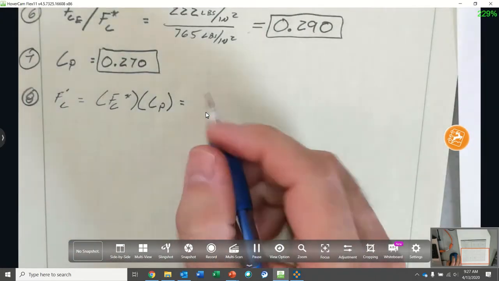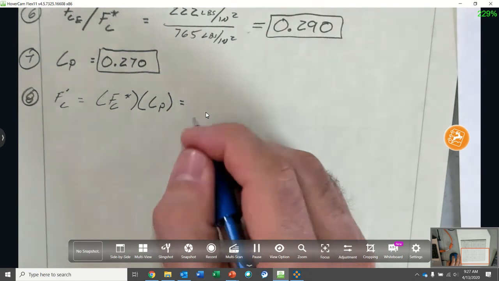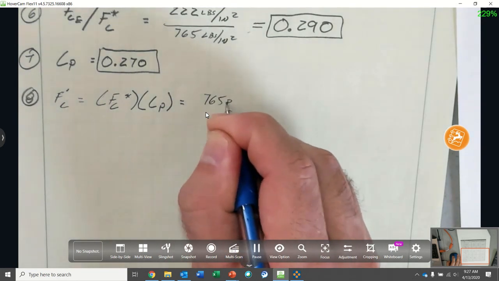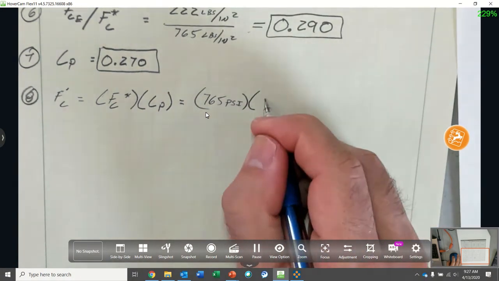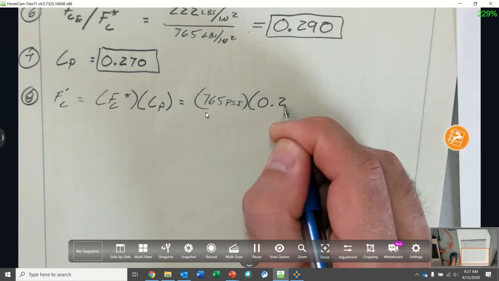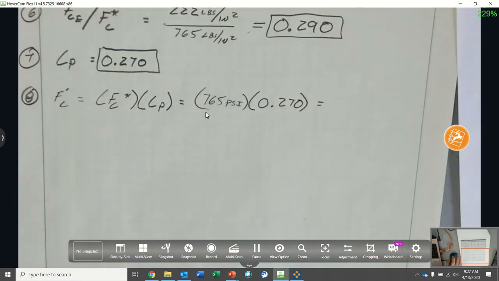So we get 765 psi times 0.270. Basically, the book goes into a great amount of detail. It accounts for defects in wood, knots. It's visually graded by people, so it provides factors of safety. That's what it does. So 765 times 0.270.